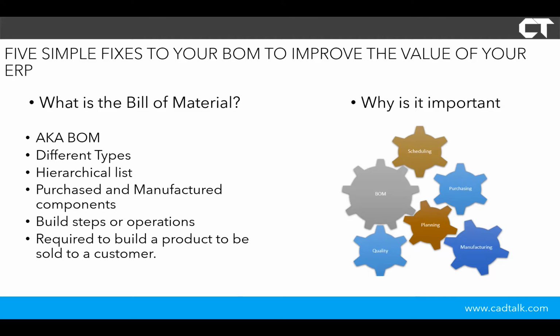And lastly, it talks about scheduling and planning. The bill of material needs to represent all the steps and parts to produce that item. Without it, we can't schedule the work to be done. We can't give the lead time. We don't know how long it's going to take or when we can ship it to the user if we don't know all the pieces that go into it.